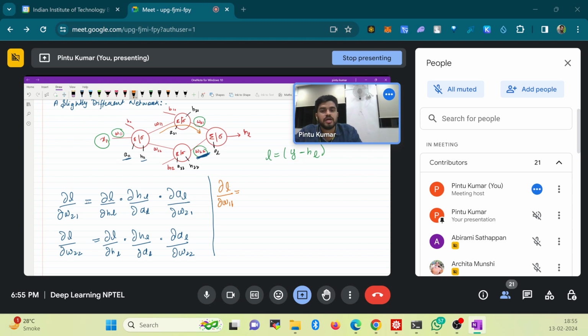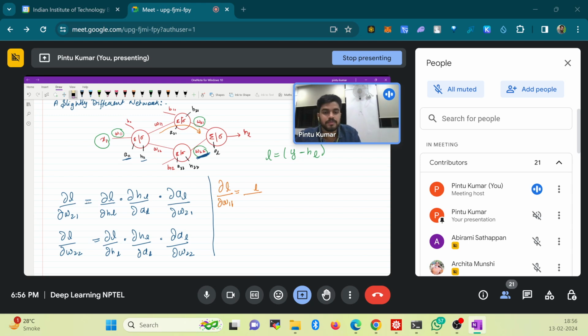It is not dependent on W22. So no term that involves W22 or this A22 will have W11. The only terms that will have W11 in future are this A21, H21 and this AL and HL. So this is the path we're going to follow. Have a careful look, and if you don't understand this, please let me know.